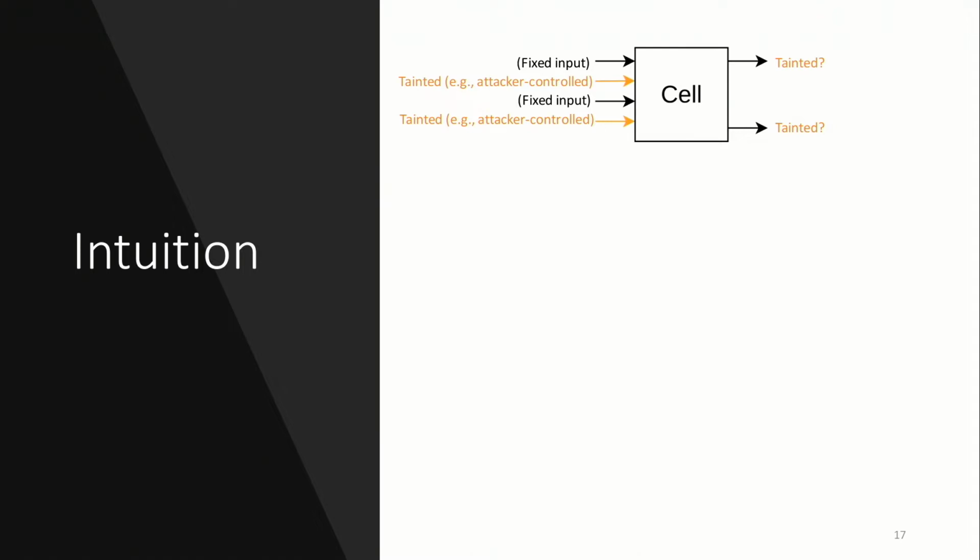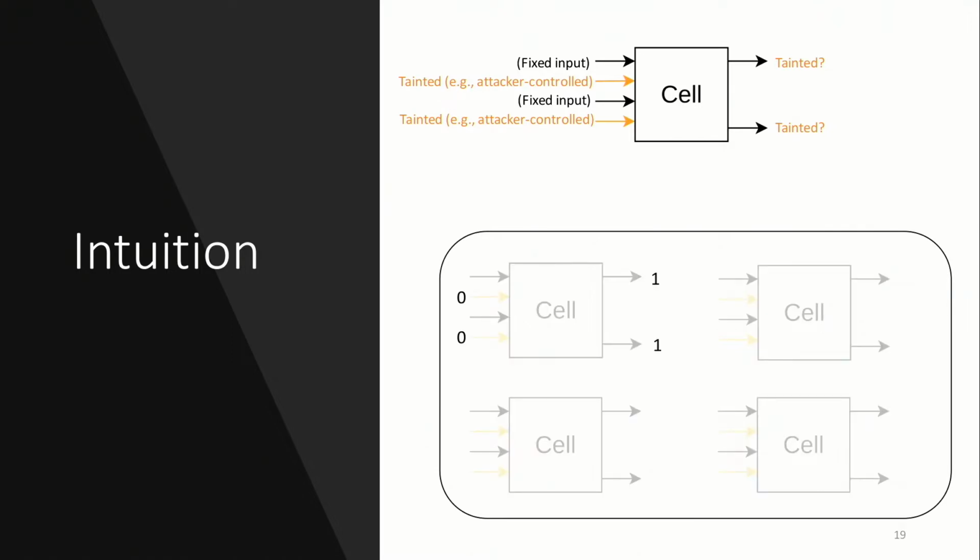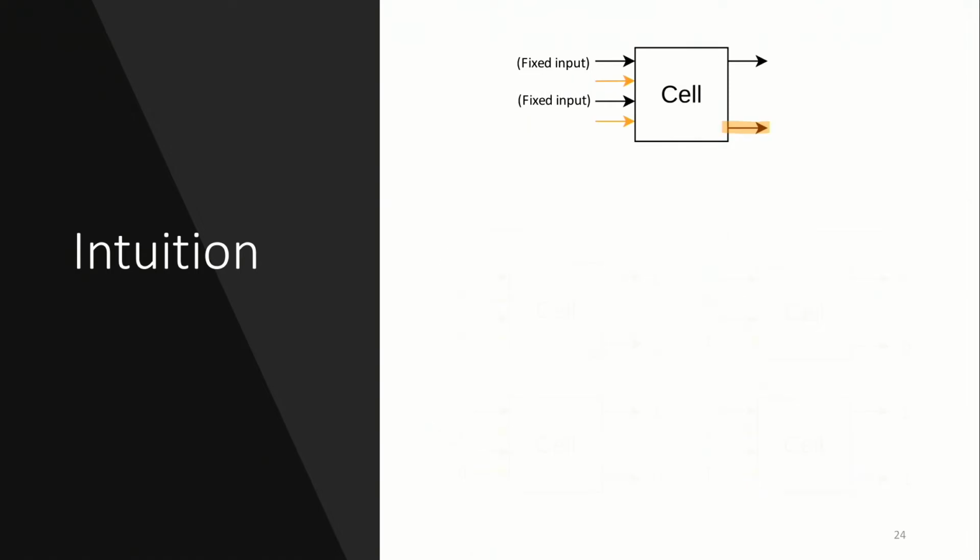The question is, can the attacker change values on the output if it only controls the two orange arrows? Let's do the intuitive way. I try everything that an attacker can do: 0, 0, 1, 1. We see that we could toggle the bottom output bit, so it's tainted. I continue, and voilà: we could not affect the top bit, so exactly only the bottom bit is tainted.